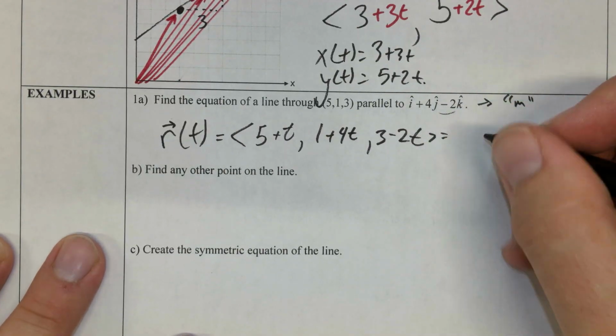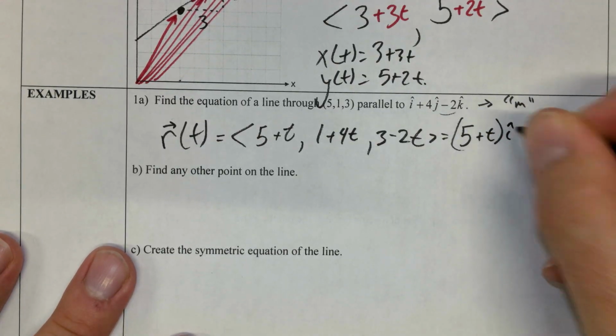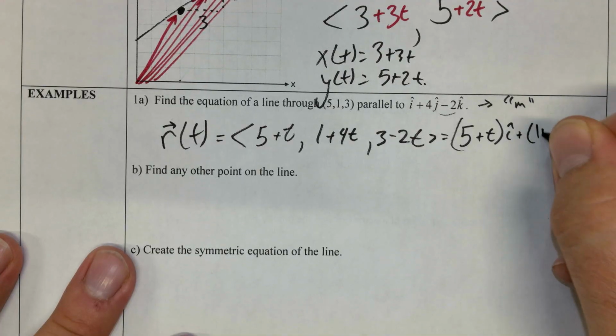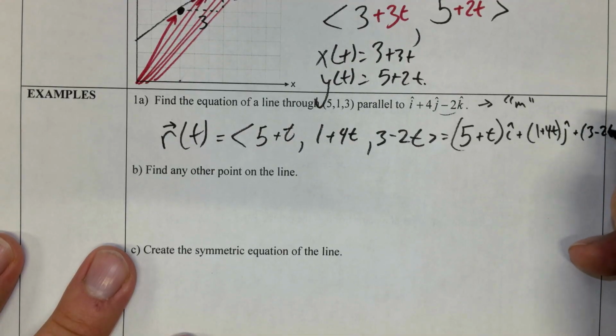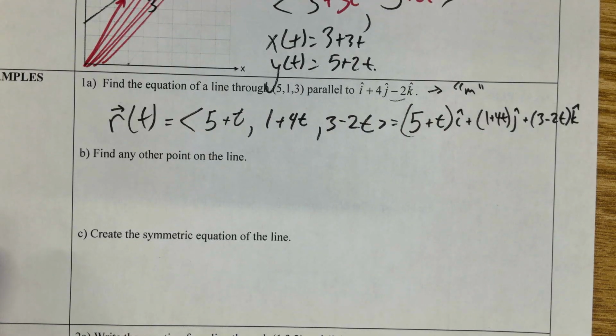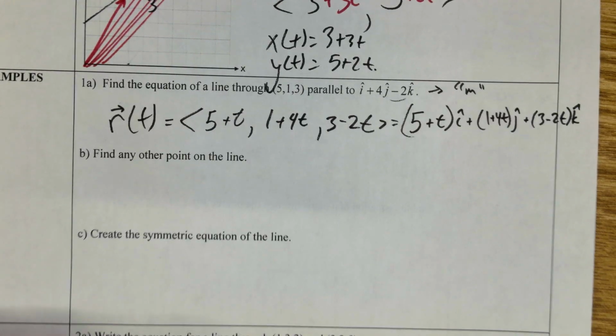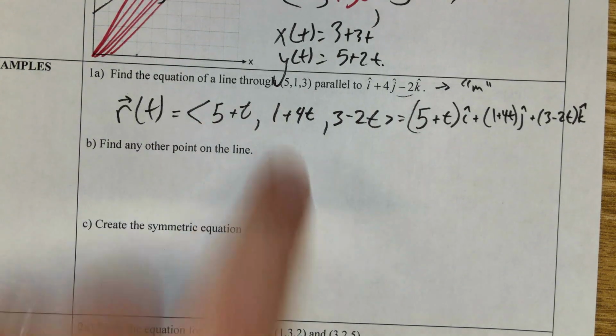And I can pop this out into ijk format: 5 plus t i, plus 1 plus 4t j, plus 3 minus 2t k. All kind of within our stuff. Where it says find any other point on the line, my variable is t.